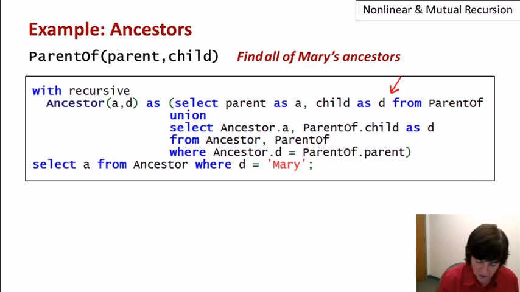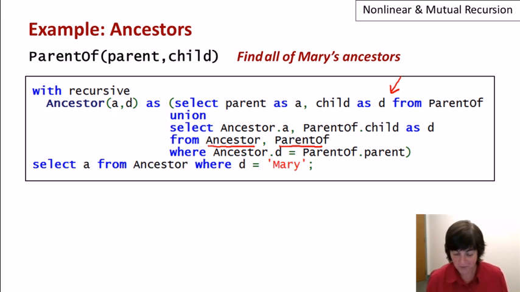And then the recursion occurs in the second part of the union, where we join the recursively defined ancestor relation with parents so that we extend the ancestors with one more generation. Now this query does have linear recursion because we only have one instance here of the recursively defined relation ancestor.